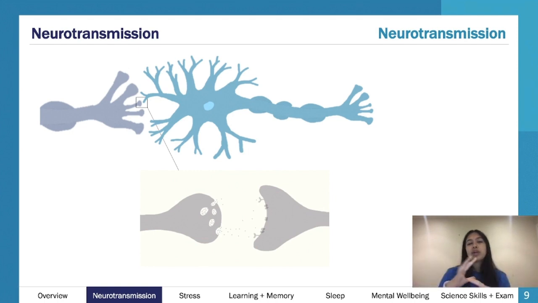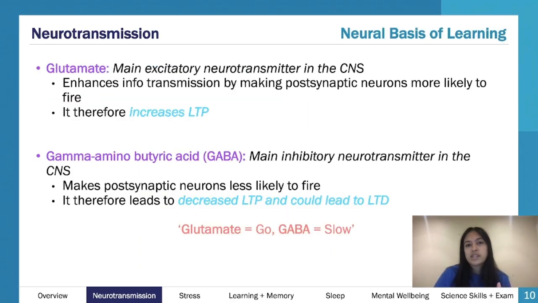It basically increases the sensitivity of the postsynaptic neuron to messages from the presynaptic neuron. It's like telling someone on the phone, wait for my call, I'm on a call soon. Because your brain realizes this neural pathway is going to be used a lot, let's make sure that the neurons that are part of this neural pathway are really tight.